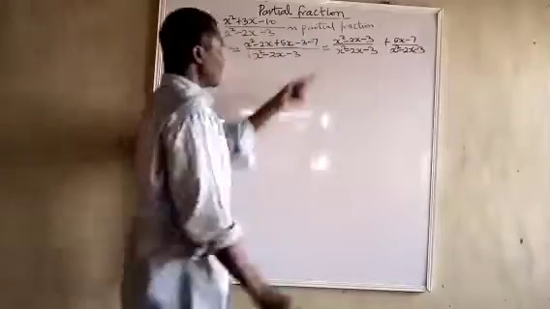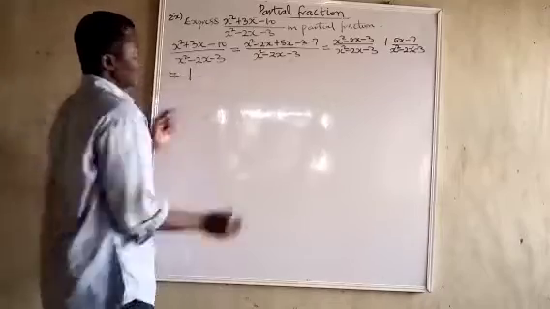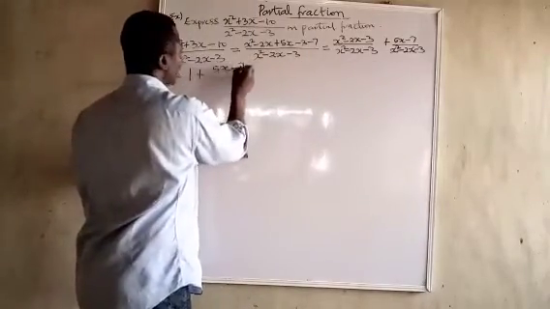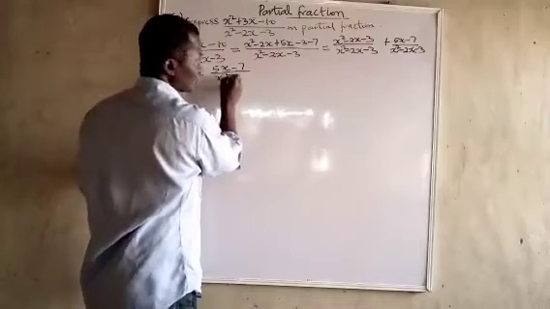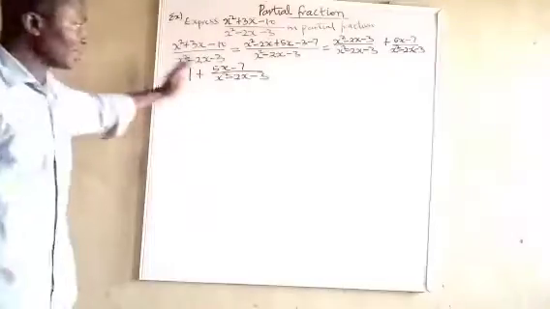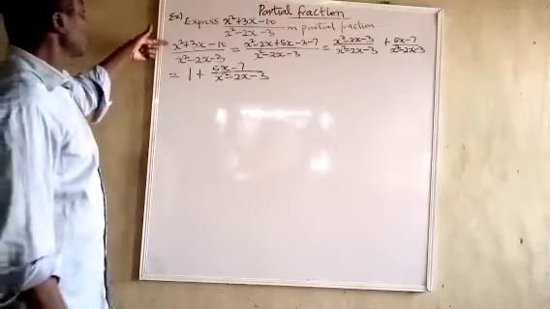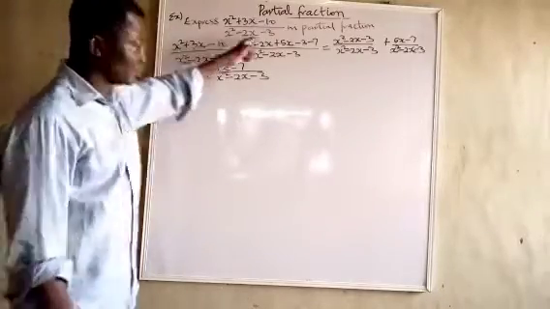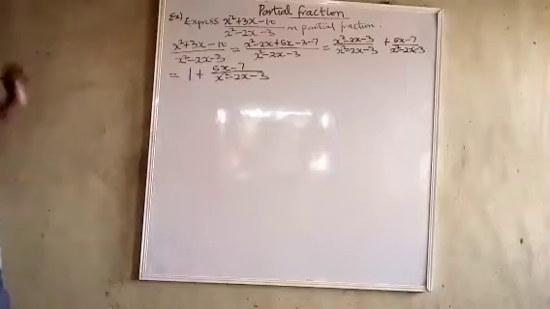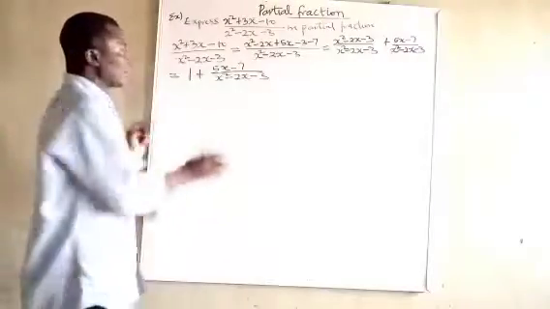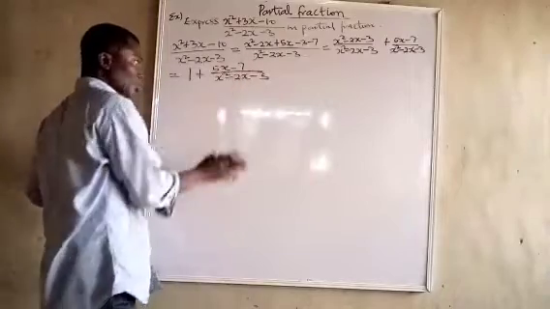You can see, at the end of the day, it's going to be equal to 1 plus (5x minus 7) over (x squared minus 2x minus 3). So you can see how easy it is. Straightforward. If it is a multiple, like 2x squared or whatever, you know how to do it. You just have to multiply everything here by 2 and then you get the balance. All that is already in polynomials. Now, what I have to work on now is this.